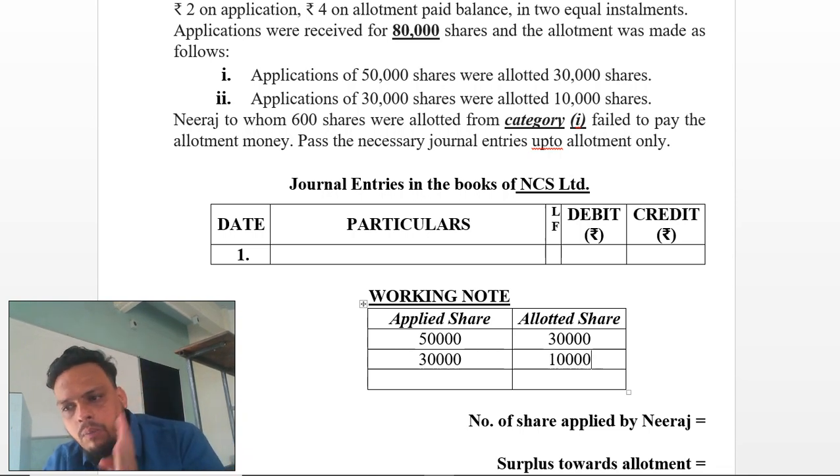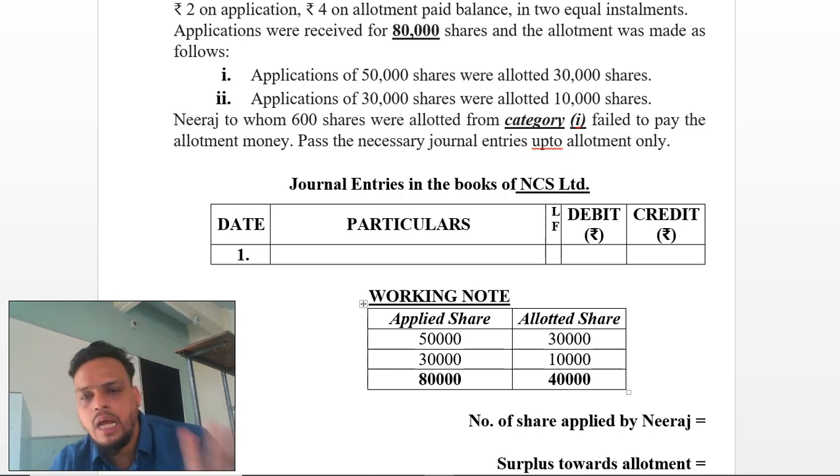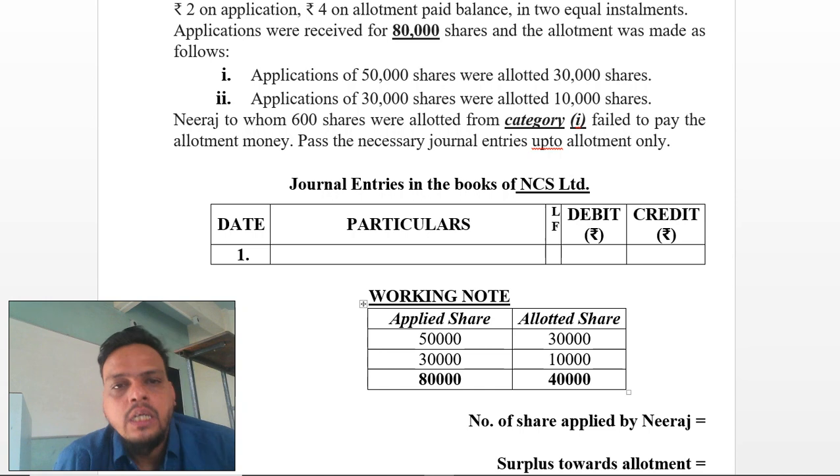Here the ratio will be 5:3 and 3:1. Now how much application has been applied? It is 80,000 applications. Out of that, 40,000 has to be adjusted. This much is enough for the allotment process.